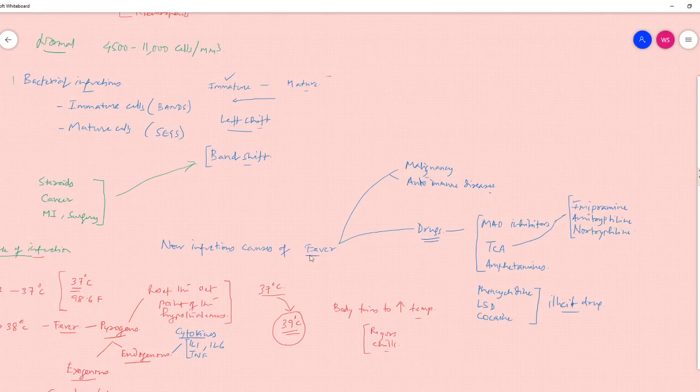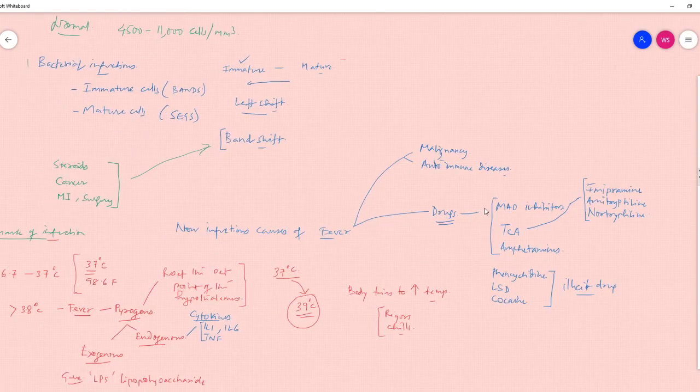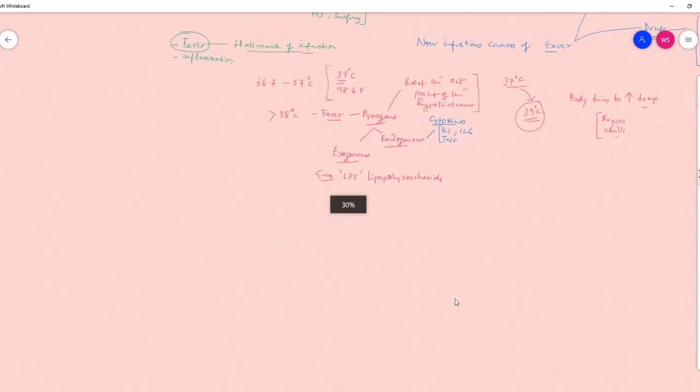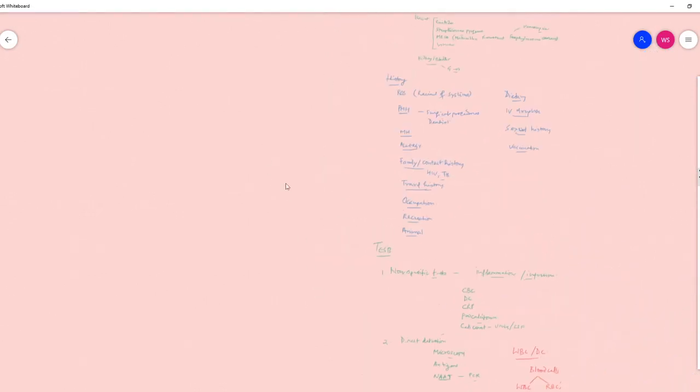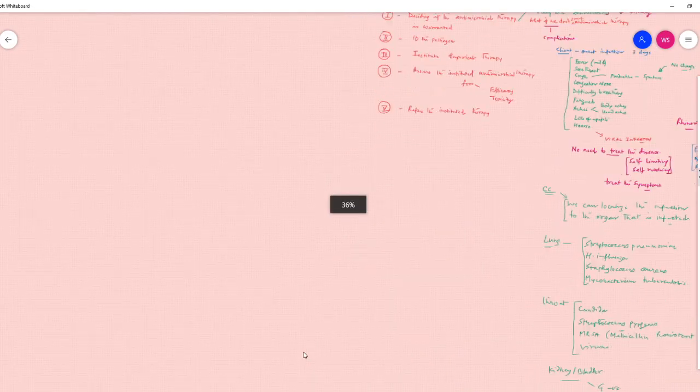So when someone presents with a fever, these things need to be eliminated, and we need to know whether it is caused by infectious agents, and only then it has to be managed with an antimicrobial agent. These are the most important aspects that we should be looking at when we try to discuss the first point here. What was the first point?